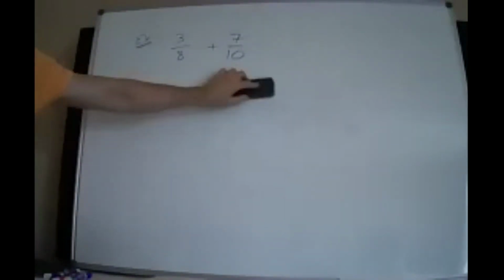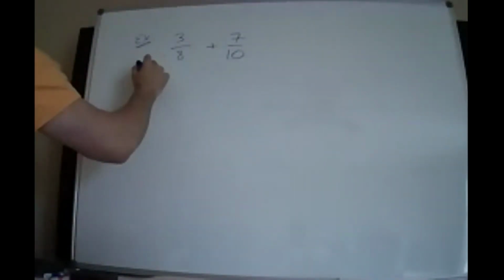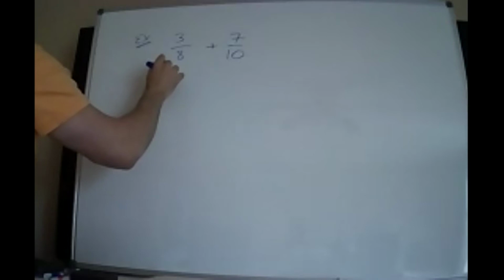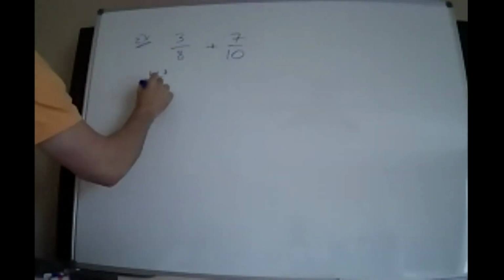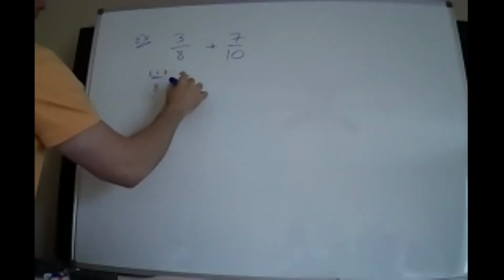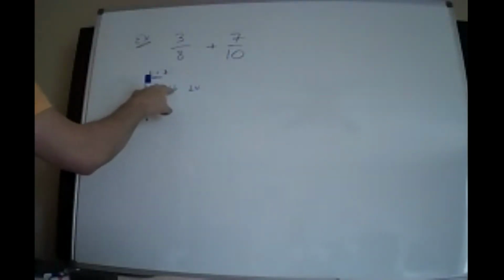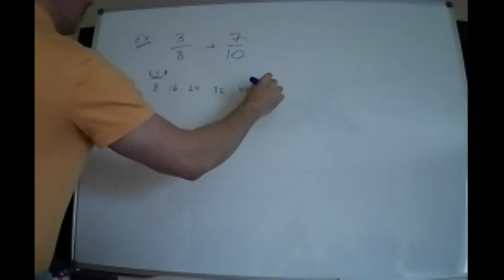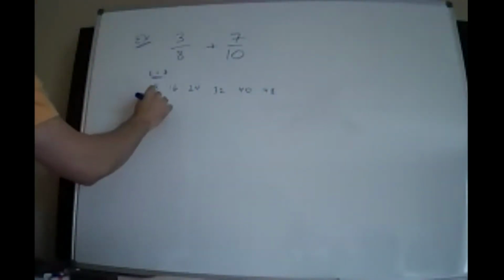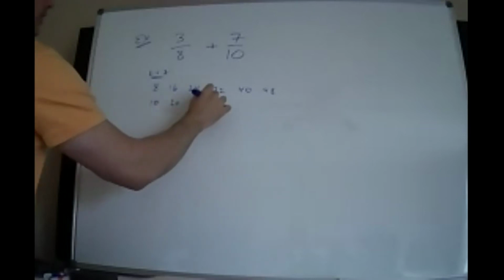So I need to know what to turn those bottoms into. I need the least common multiple of 8 and 10. So I'm going to write out a bunch of multiples of 8. And look, this is what you do. 8 plus 8 plus 8 plus 8 plus 8 plus 8. Now I'm going to do it for 10. 10, 20, 30, 40. And then I'm going to take the least common.